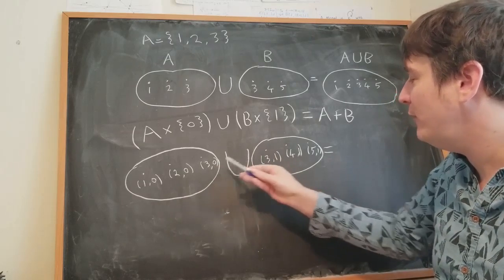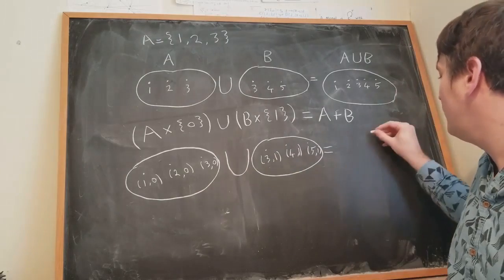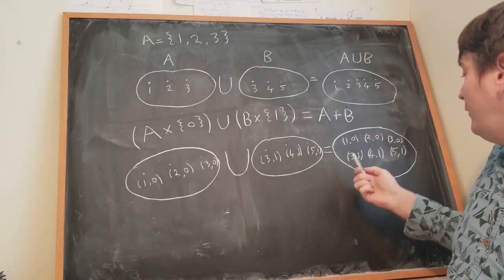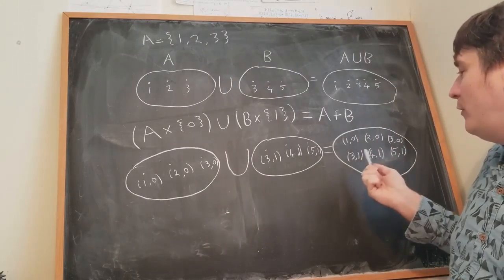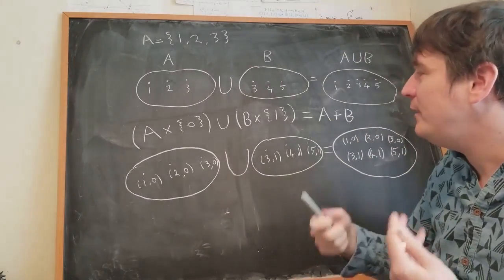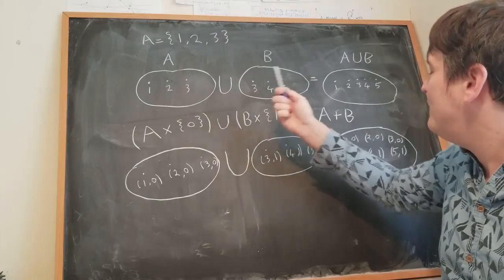This one's tagged with a 0 and this one's tagged with a 1. So this is the coproduct, or at least it can be thought of as representing the coproduct of A and B.